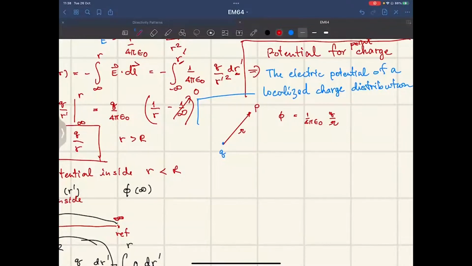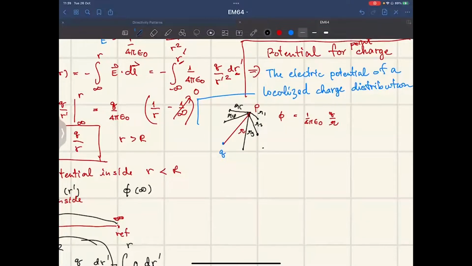And if we have another charge coming here, and another charge here, and another here, we have so many charges. So what is the potential? You can say that this one is R1, this one is R2, this one is R3, this one is R4, this one is R5. We have so many R here.